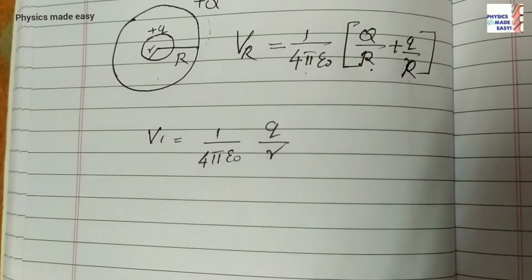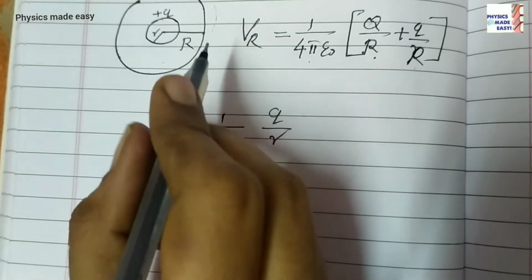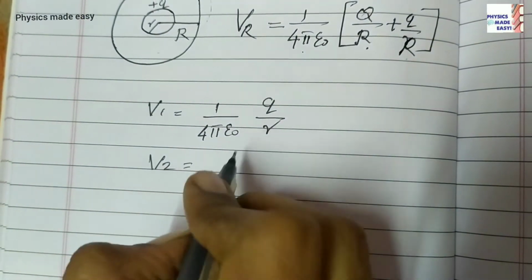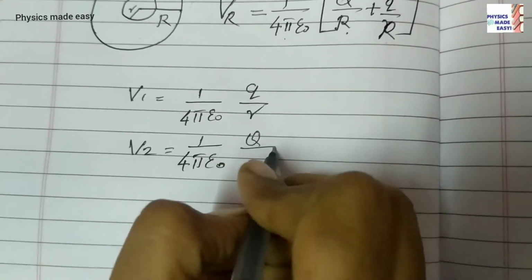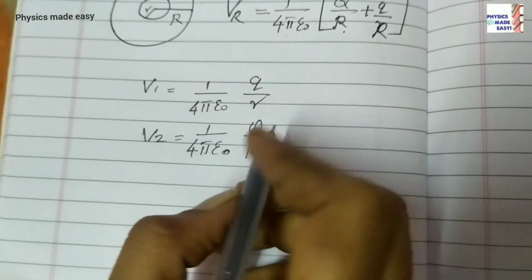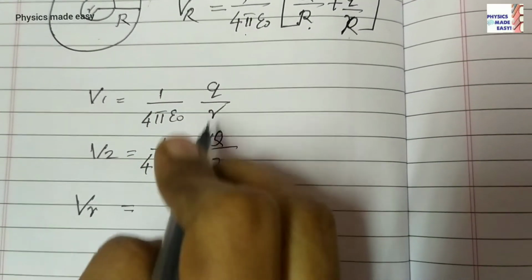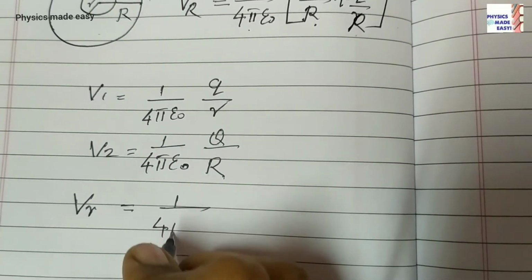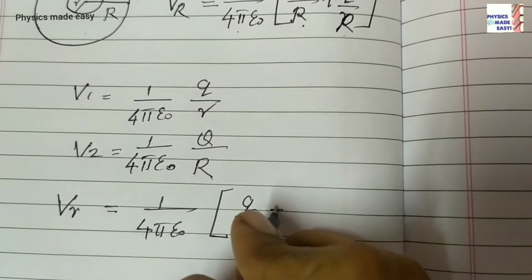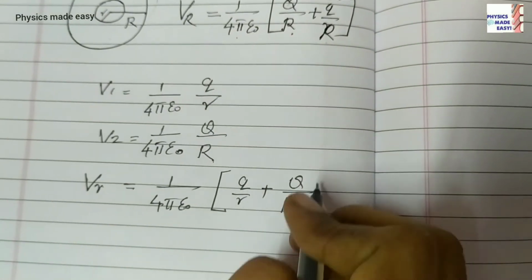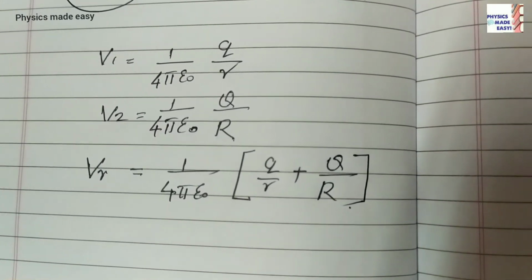So the potential on the inner sphere due to the charge plus Q on the outer sphere is V2 equal to 1 by 4 pi epsilon 0 Q divided by R. Then the total potential on the inner sphere, we add these two, and we get 1 by 4 pi epsilon 0 into q by r plus Q by R.